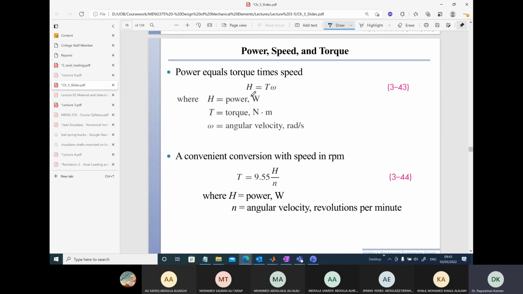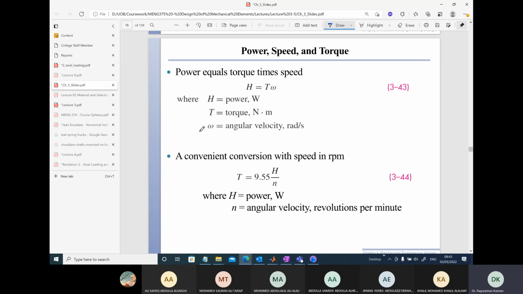Next, in most problems, when you are using a shaft to transmit power from one place to another between gears or pulleys, usually we will give the specifications for the design in terms of the power of the motor supplying a particular torque to a shaft.